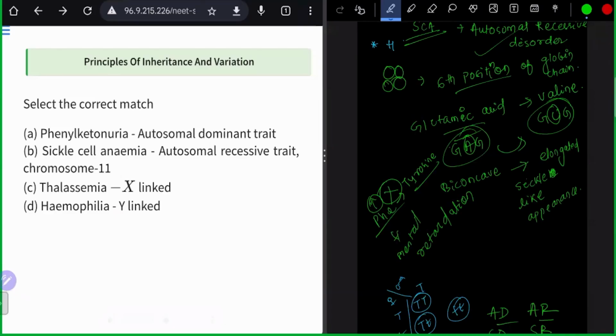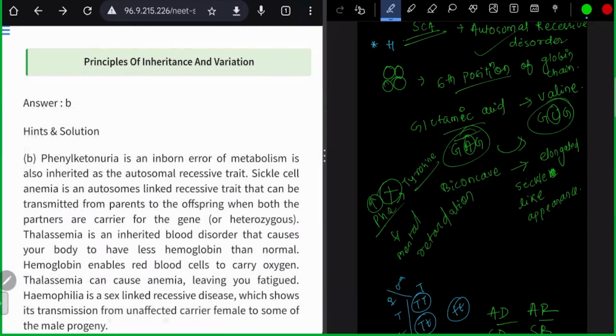Here it is written that phenylketonuria is an autosomal dominant trait, but options A, B, C are autosomal recessive. The answer is: phenylketonuria is an inborn error of metabolism, also inherited as an autosomal recessive trait.